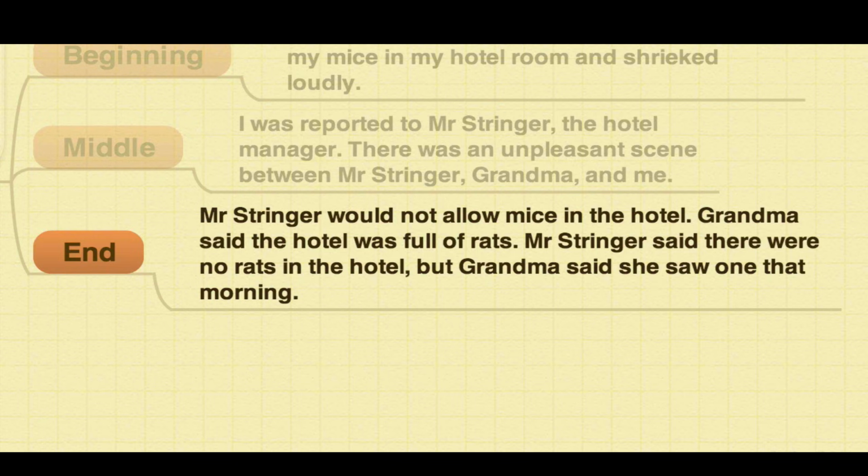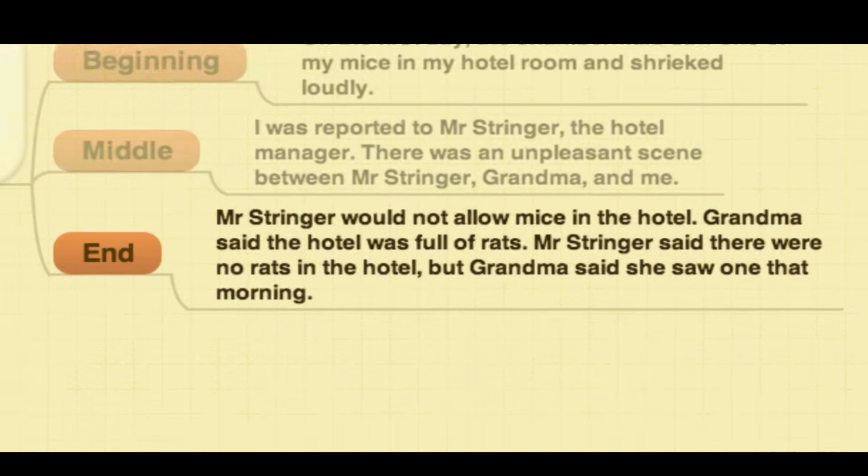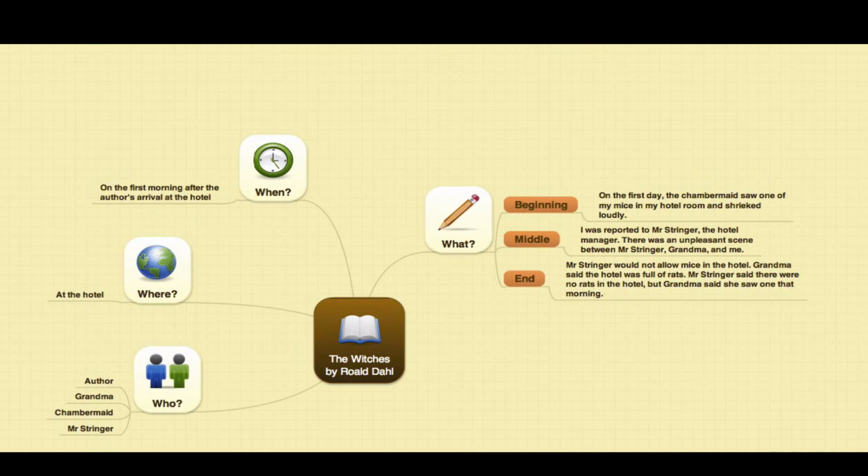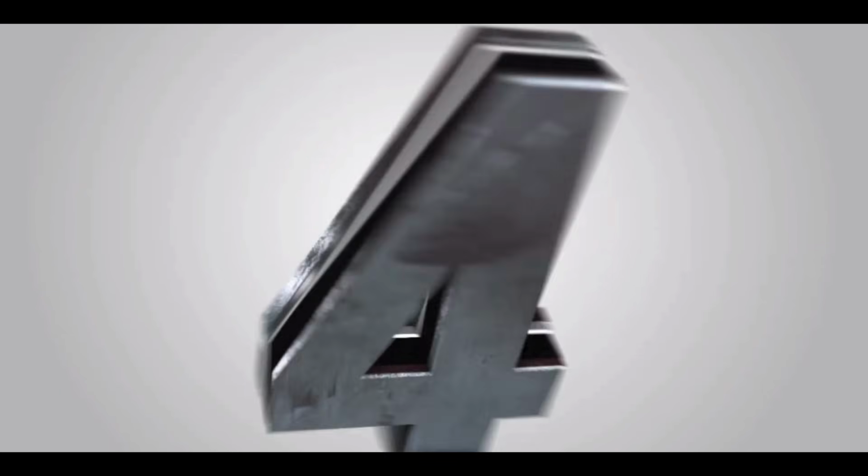End. Mr. Stringer would not allow mice in the hotel. Grandma said the hotel was full of rats. Mr. Stringer said there were no rats in the hotel, but Grandma said she saw one that morning. This is the summary plan, which we will use to write out the summary.